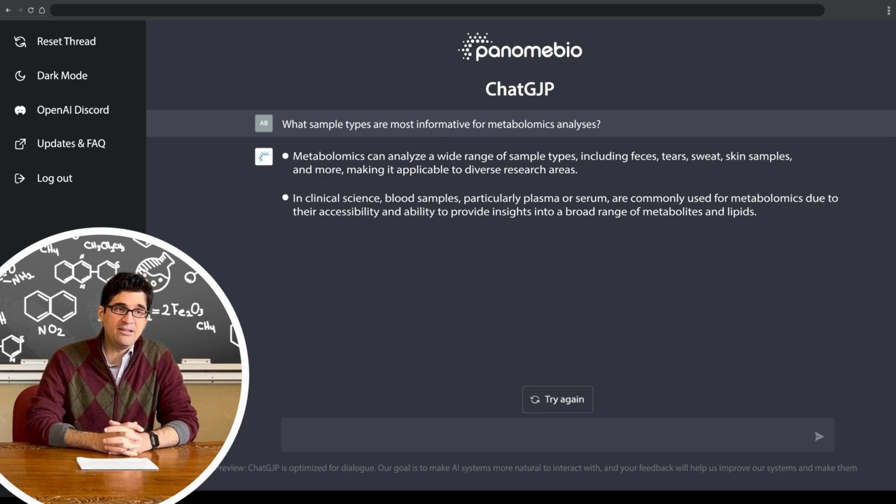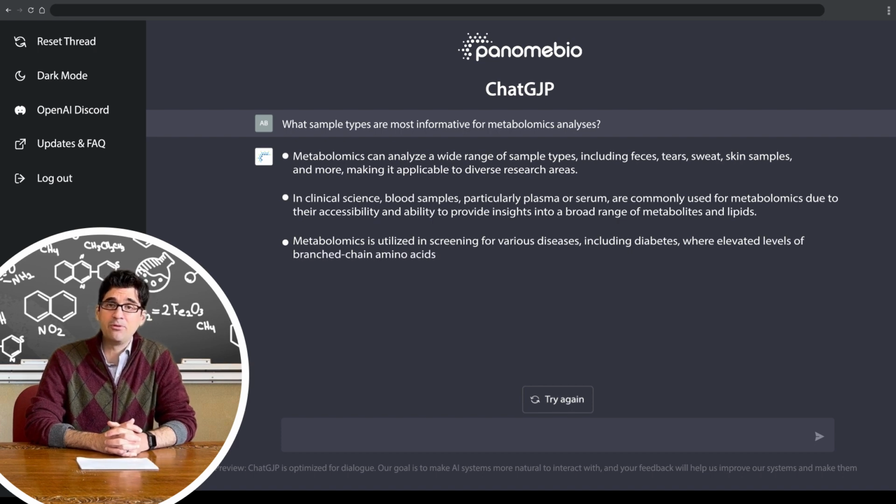So it's very easy to get a little bit of blood. We don't need a lot of sample to do metabolomics, so that also makes it easy to perform metabolomics. And from just a few drops of blood, we can detect an amazing number of metabolites and lipids that cover a really broad range of the metabolome and the lipidome.